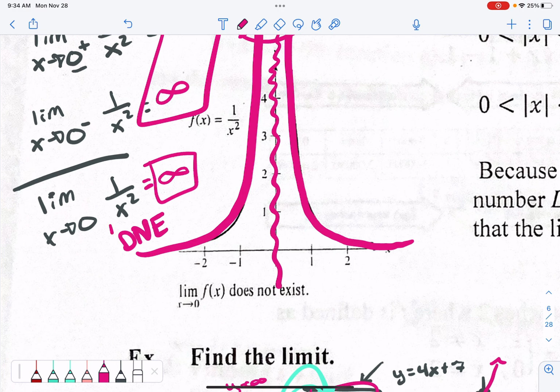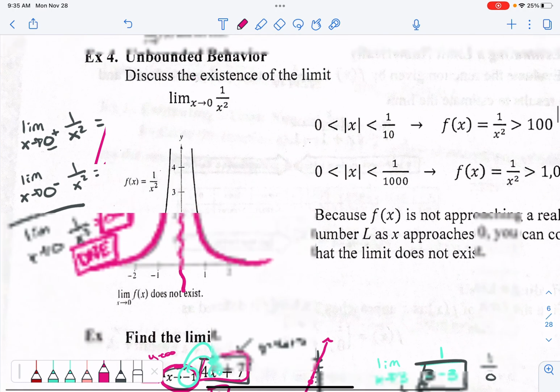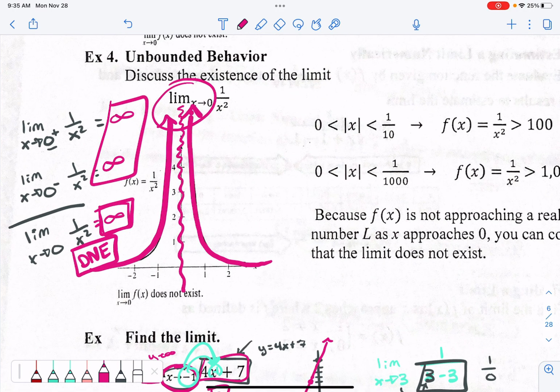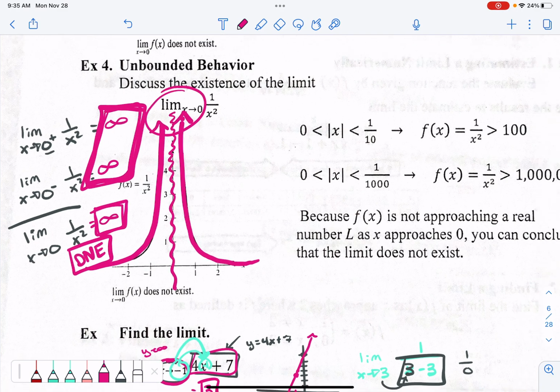So technically the limit does not exist, and the reason why is because it is approaching an infinite value. So when they say discuss the existence of the limit, technically it approaches infinity on both sides, so it's consistent, right? These two are agreeing with one another, but that shows that there is no limit because infinity is not an actual value, okay? So hopefully that makes sense.